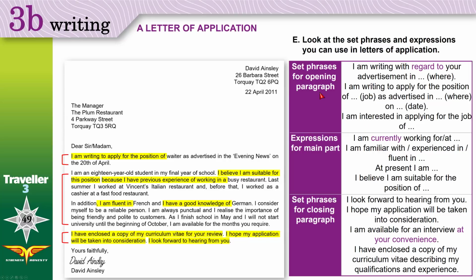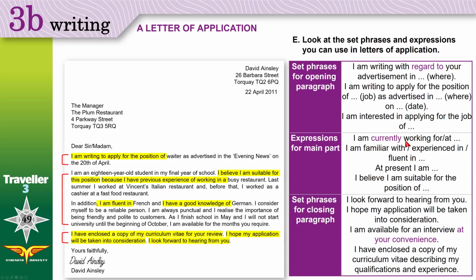In the opening paragraph, you can use "I am writing to apply for the position of." Or you can use "I am writing with regard to your advertisement", or "I am writing about your advertisement", and you put where you saw the advertisement. "I am interested in applying for the job of", and you say what job you're applying for.